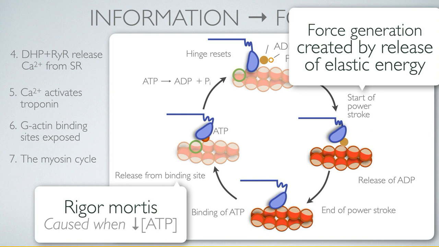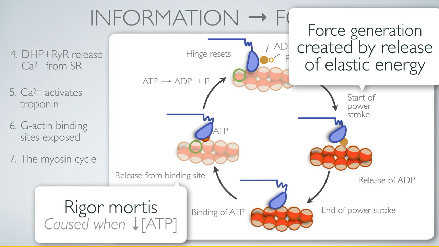And the reason why is because when you die, your body fails to circulate substrates for the production of ATP, such as glucose or fatty acids. And so you have a big drop off in ATP within a cell. And if ATP is not available, then you have no dissociation of the myosin heads from those binding sites. And as a consequence, muscle can be quite stiff if you don't have this ability to detach myosin from actin.